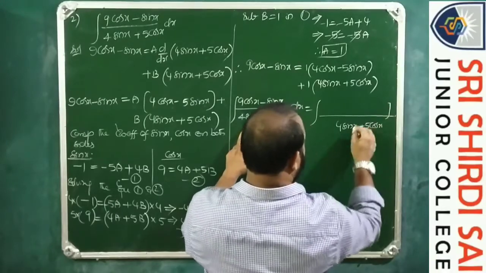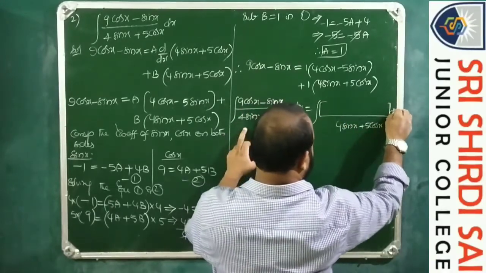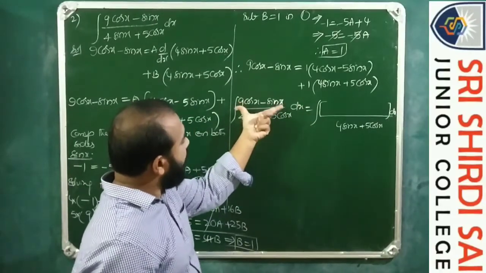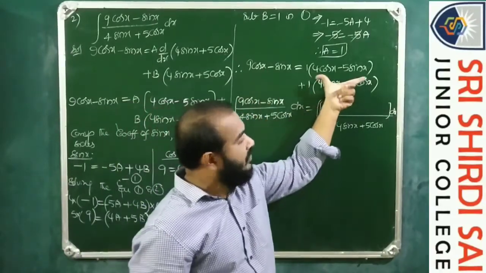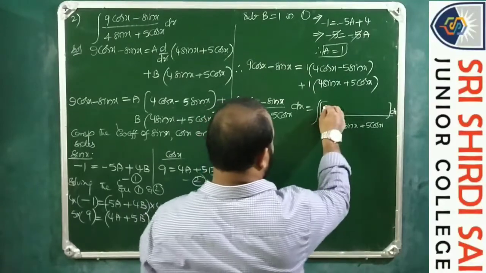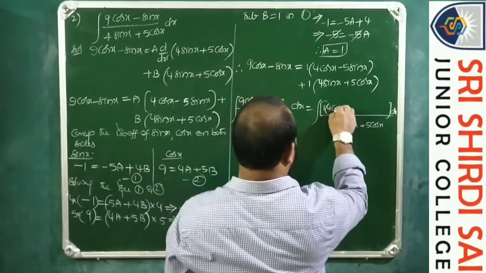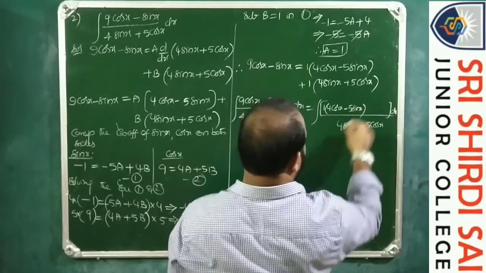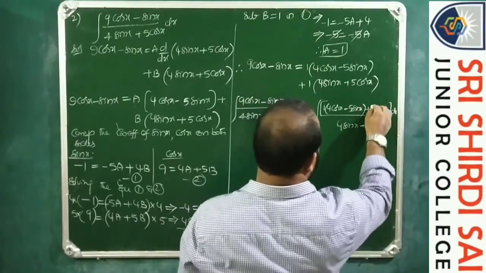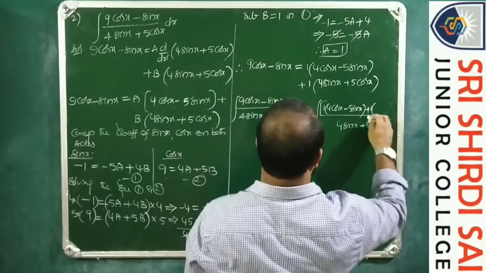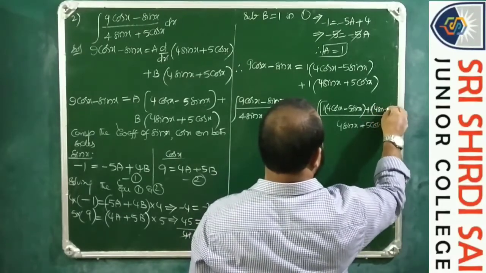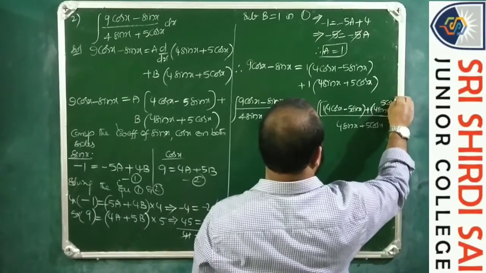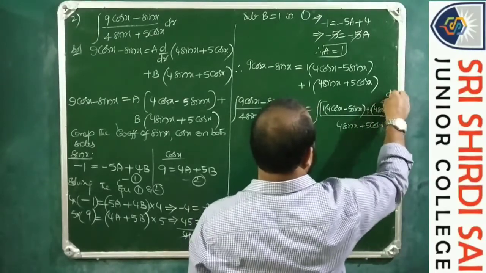so into dx. The dx is the same; 9 cos x minus sin x, just now we have prepared this, so I'll write this: 1 into (4 cos x minus 5 sin x) plus 1 into (4 sin x plus 5 cos x) dx.